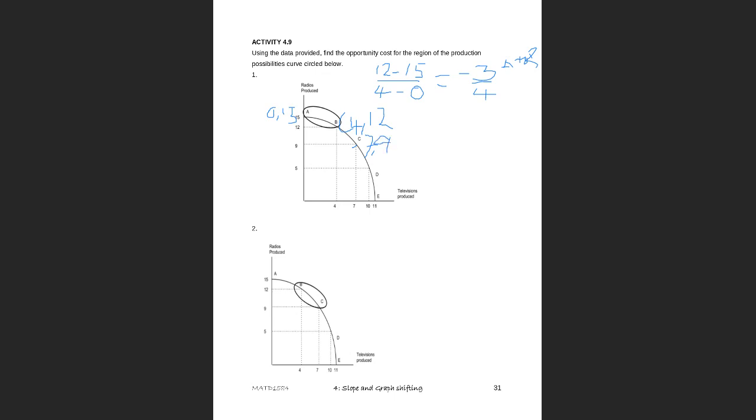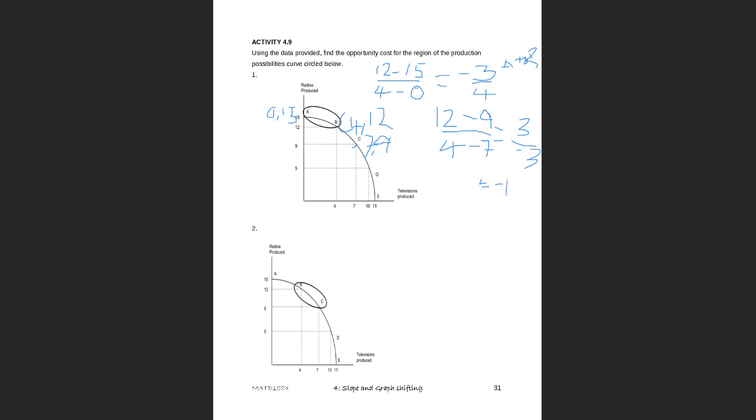So you realize that from here you're going to get 12 minus 9 all over 4 minus 7. 12 minus 9, we are going to get 3. 4 minus 7, we are going to get minus 3, which will be equals to minus 1.